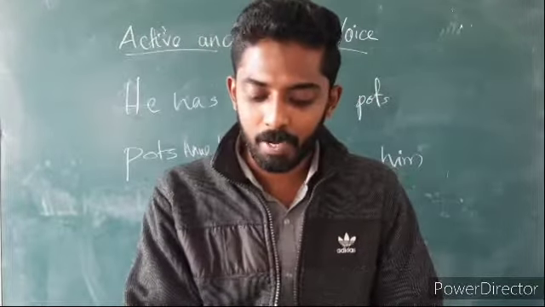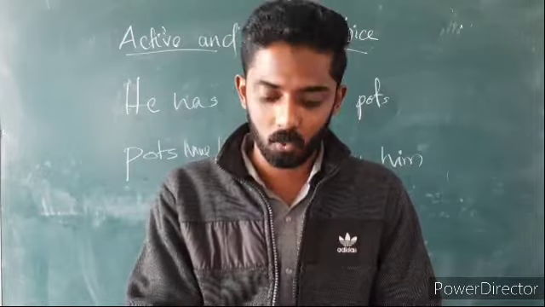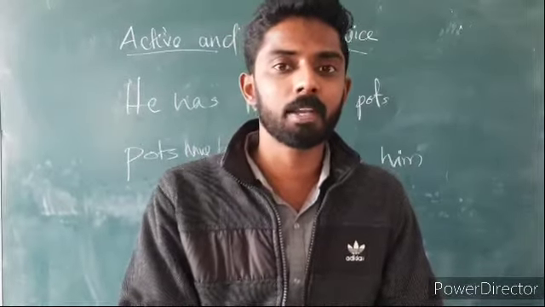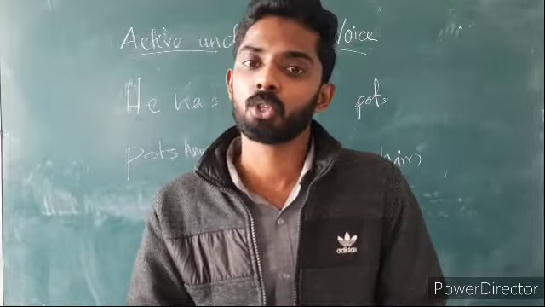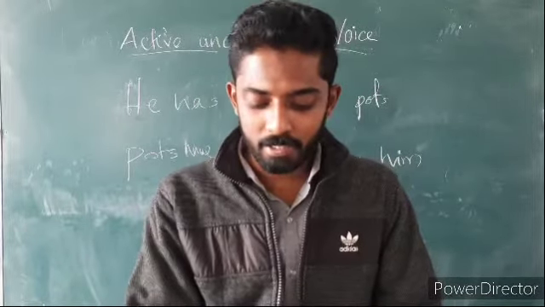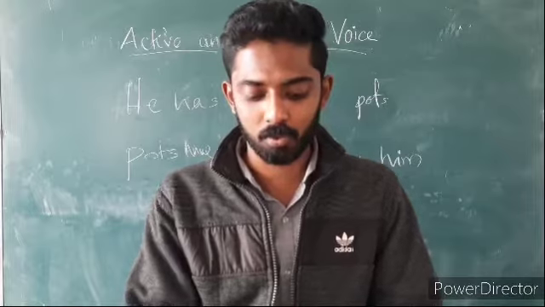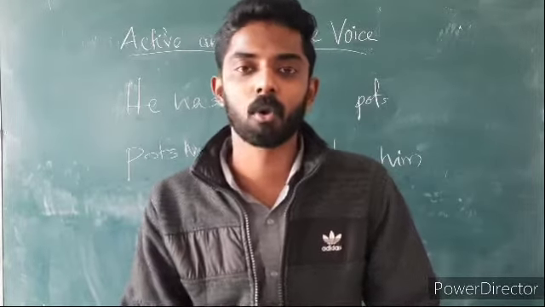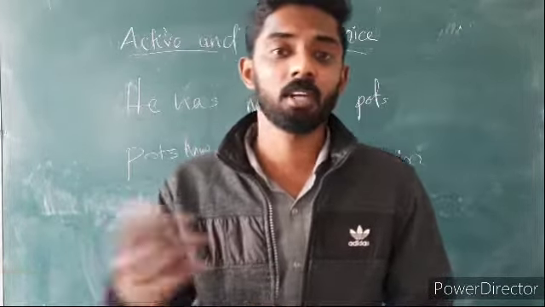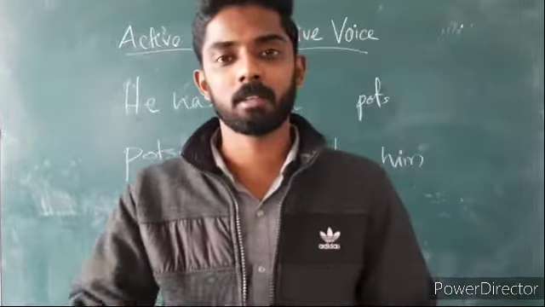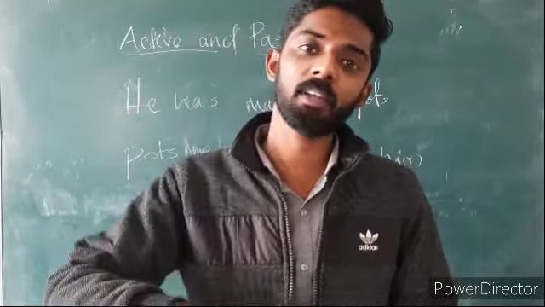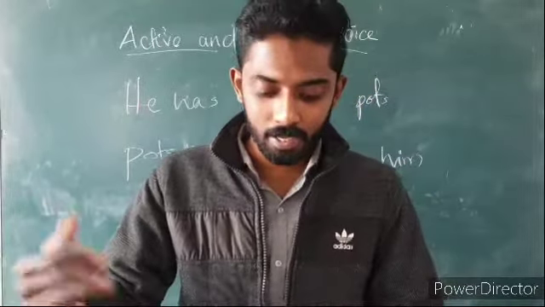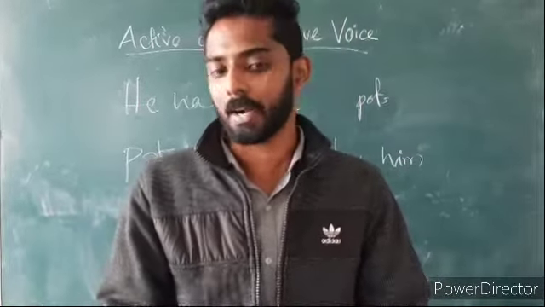For example, the patient was treated with care. Here the agent is not important. And when the agent is uncertain or unknown: the lock had been broken, which means someone had broken it. The lock will not break by itself, and the agent is unknown.